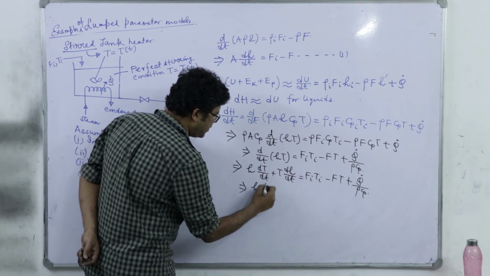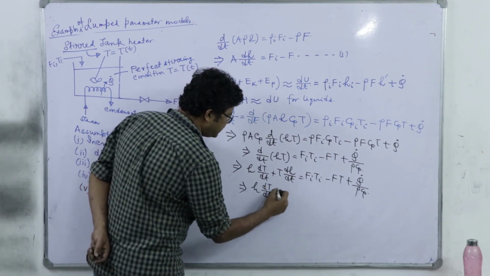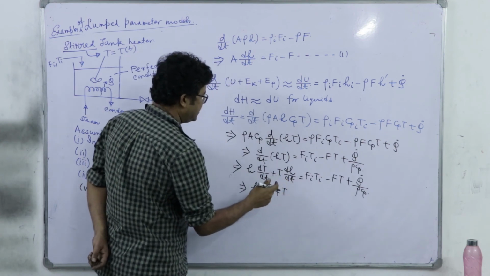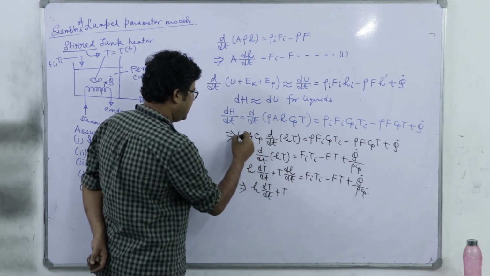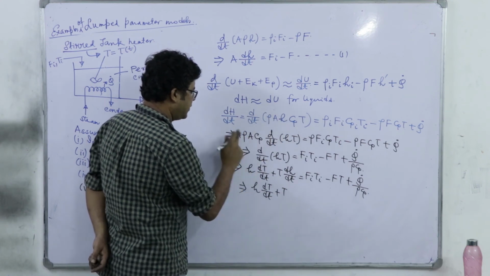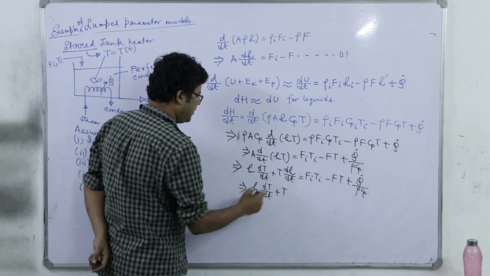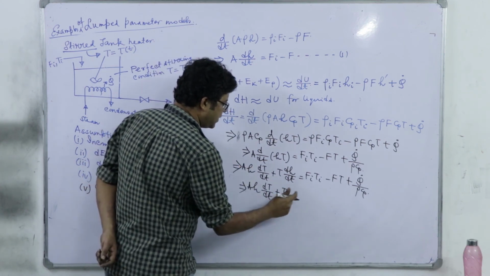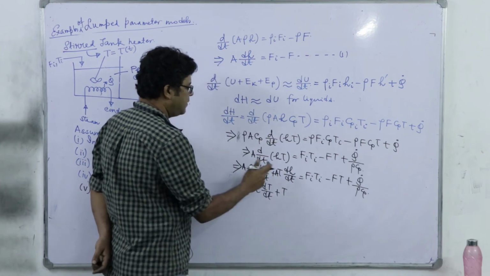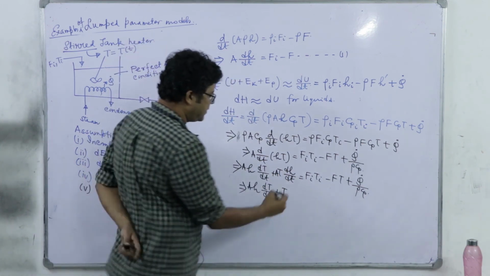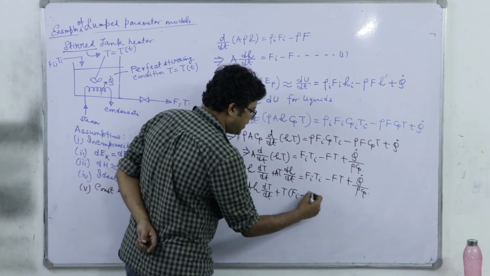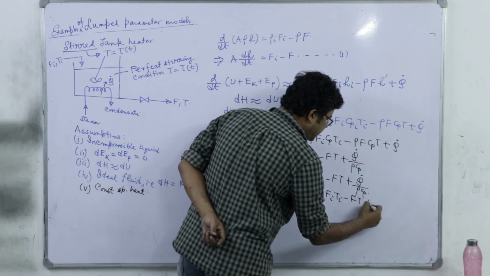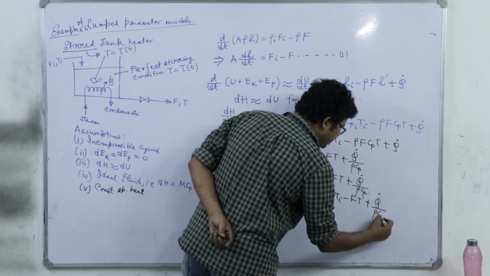So h dT/dt remains the same. So T dh/dt, or sorry, there will be an area. Here the area was there, so area will not cancel out. So A dh/dt is Fi minus F. So here I will have T times (Fi minus F) is equal to Fi Ti minus F T plus q dot by rho Cp.